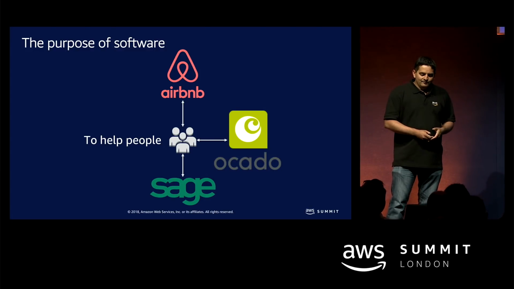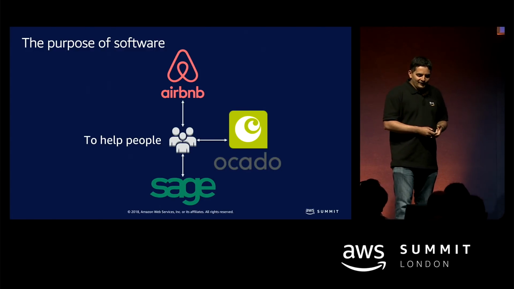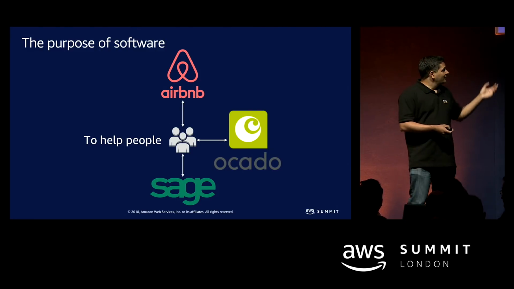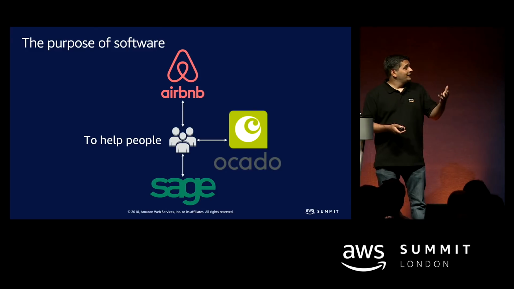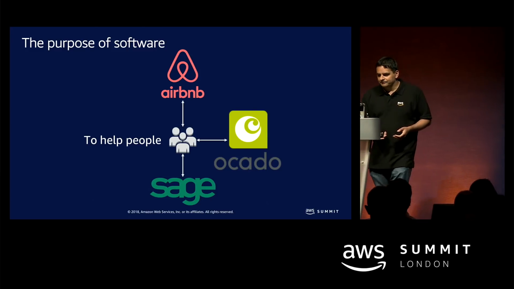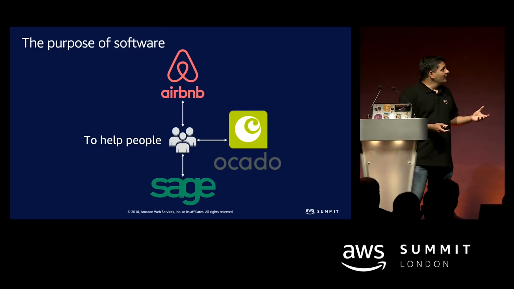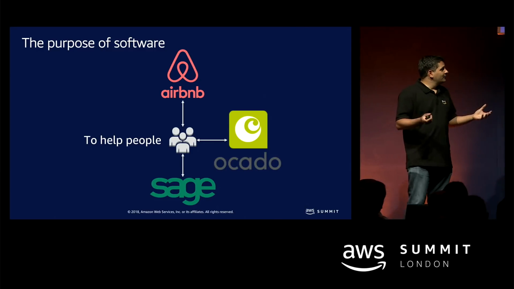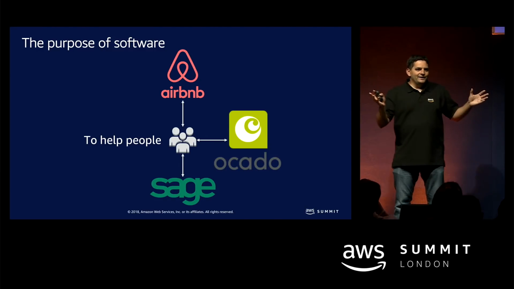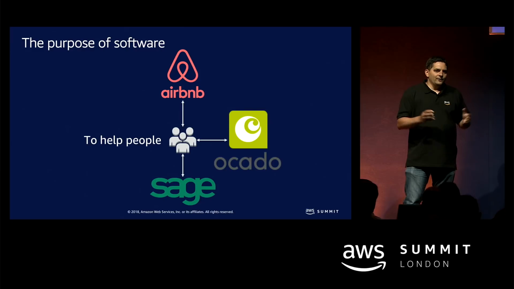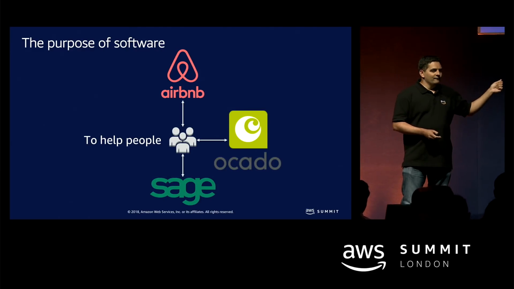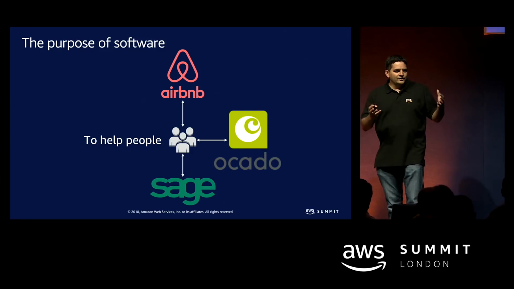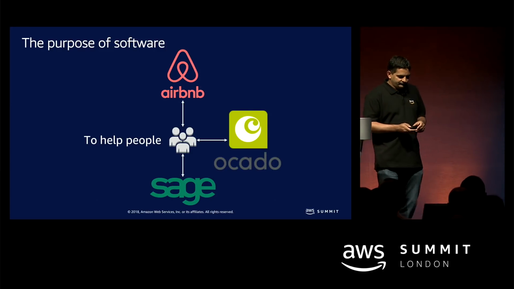Ocado obviously deliver online groceries, and Sage help people and companies automate their accounting. So I really believe this is a powerful statement. Everybody in this room, in some way or another, is involved with software and is therefore involved with trying to help people to do something or achieve something.